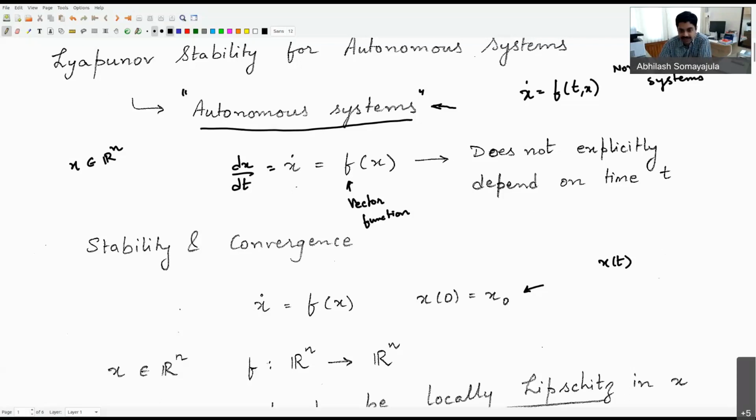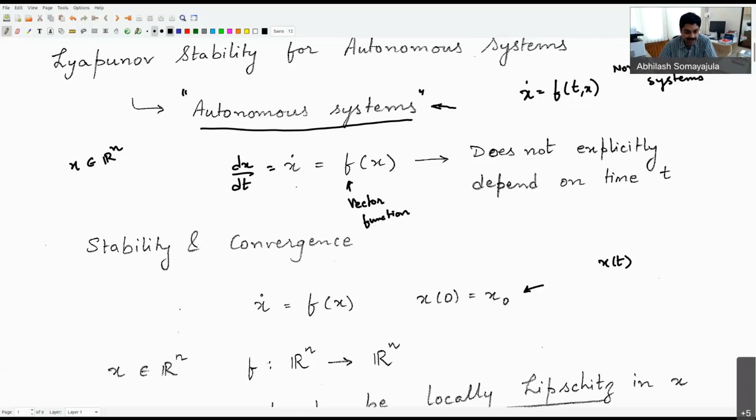That can be done in terms of Laplace transfer functions, which we have seen before. The Laplace transfer function tells us where the poles of the system are, and that tells me whether the system is stable or not. But for a typical nonlinear system, which is given as x dot is equal to f of x, it's not so easy to figure out whether it is stable or not.